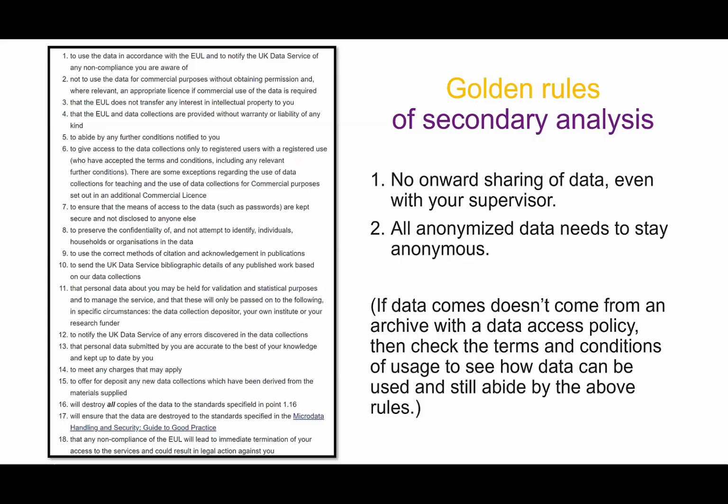All of the data that we hold has been anonymized, which again is likely to be the case if you're reusing data from an archive. However, just because it's been anonymized doesn't mean it's completely impossible to ever figure out any identities of participants. So there's some really excellent YouTube tutorials around anonymization theory.